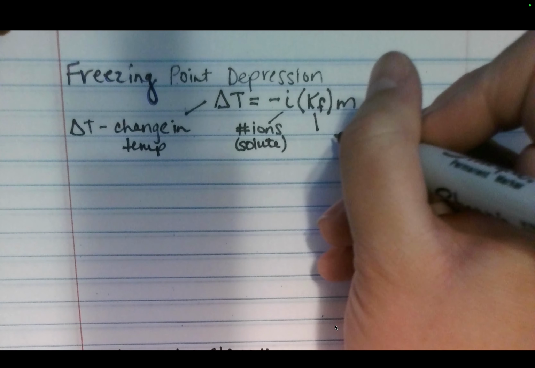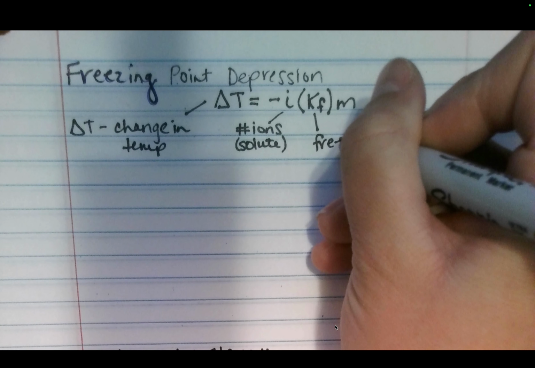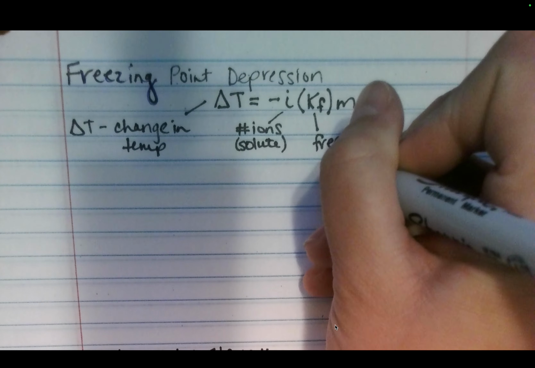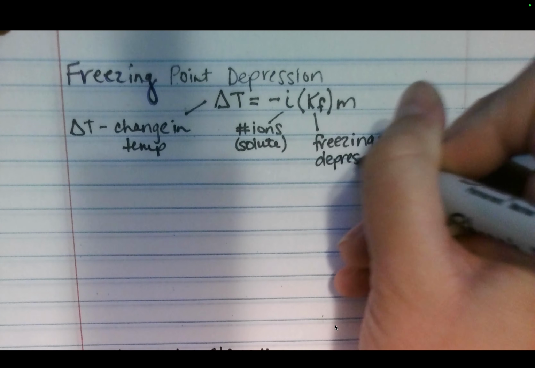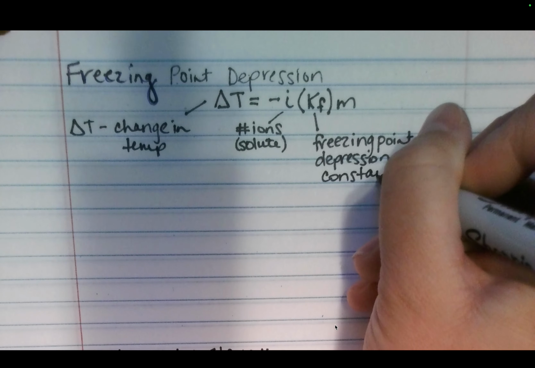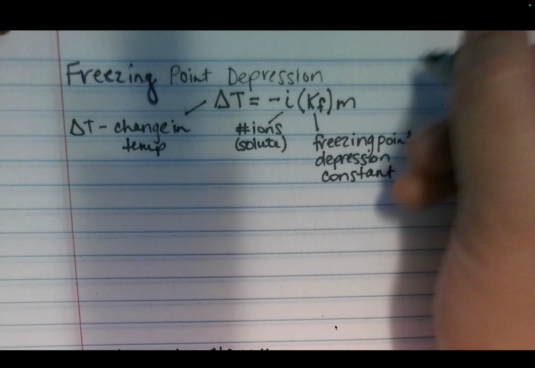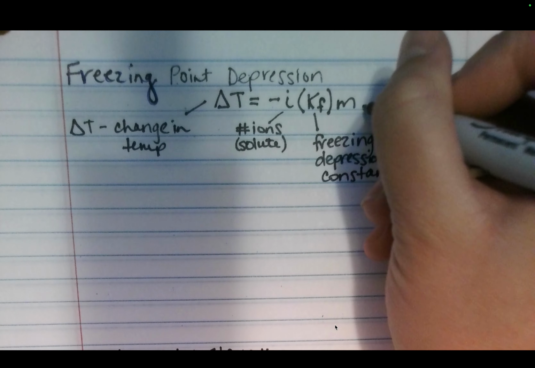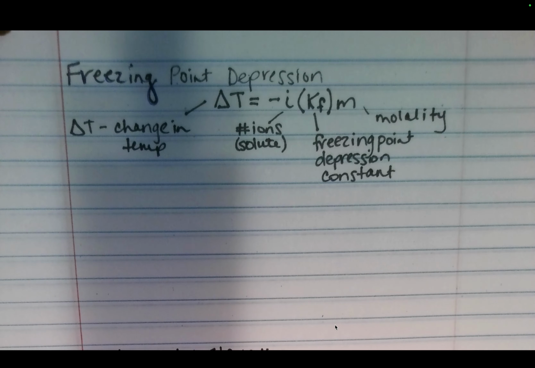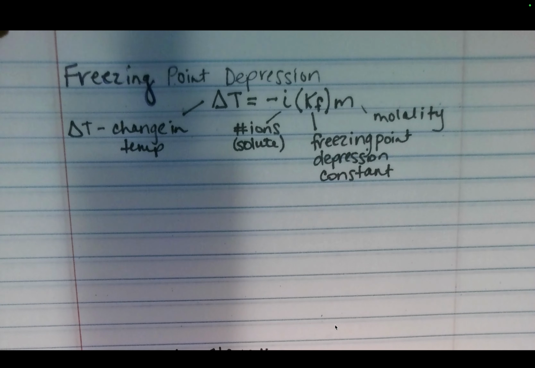K_f is your freezing point depression constant. And m, you already covered for this module. m is molality. So you learned capital M molarity in module 10, lowercase m molality in module 11. Okay, so that's what each of my variables represent.